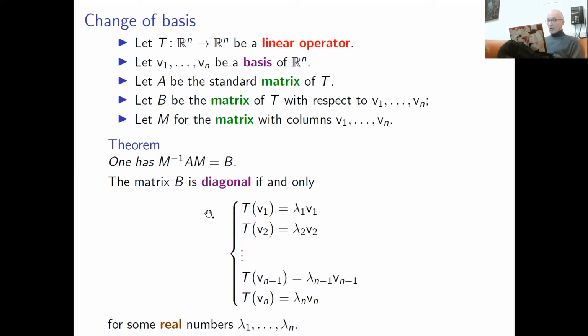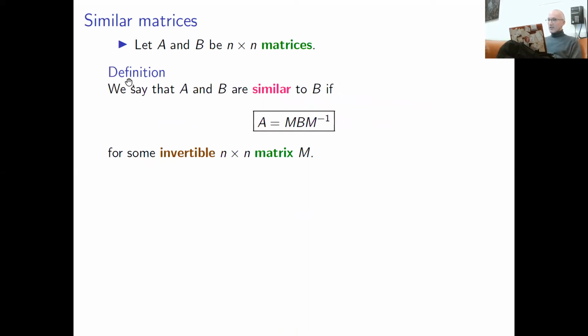Okay, good. So we have this theorem, and as I already mentioned, we had two examples where B was diagonal, very explicit. Let me recall these examples on the next slide, together with one very handy notion we also introduced in the previous lecture. We defined what it means to be similar for n times n matrices.